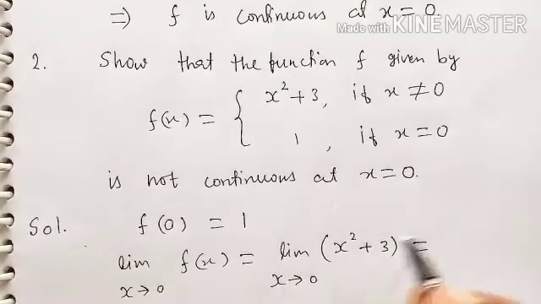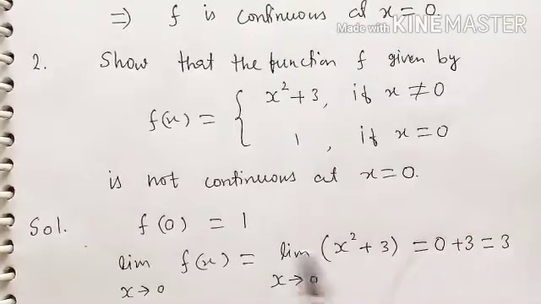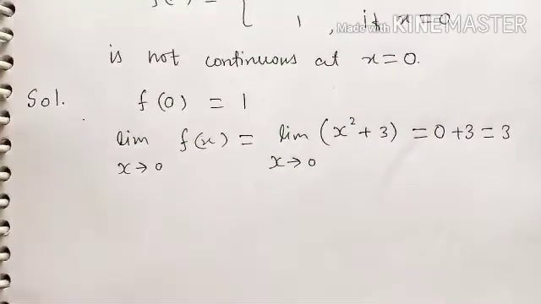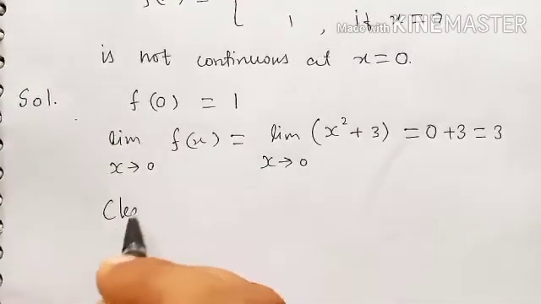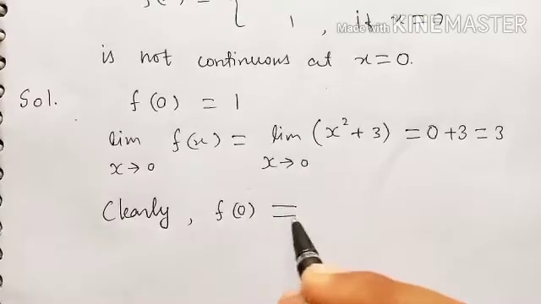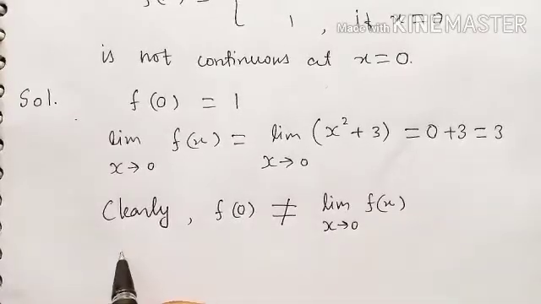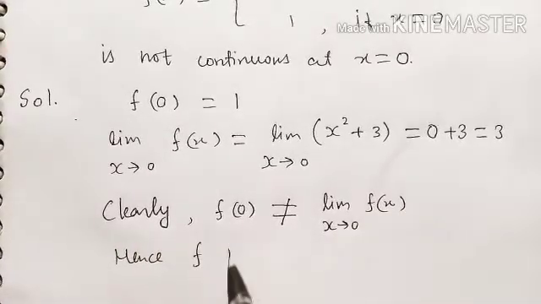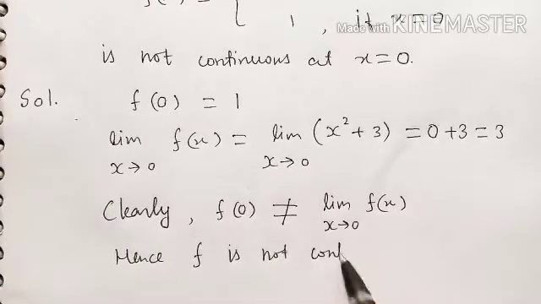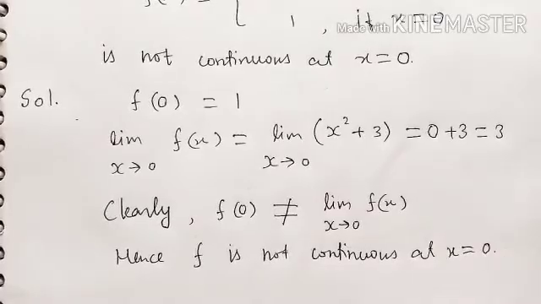Now you put the value of x as 0. So 0 plus 3 is 3. You can see here f(0) is not equal to limit x tends to 0 f(x). It means clearly f(0), which is 1, is not equal to limit x tends to 0 f(x), which is 3. Hence f is not continuous at x is equal to 0.